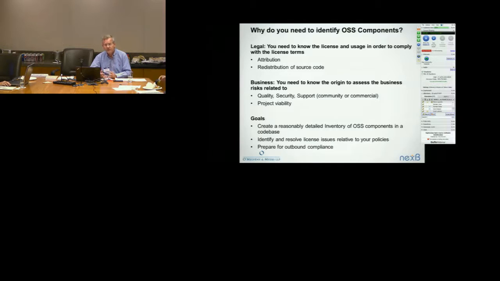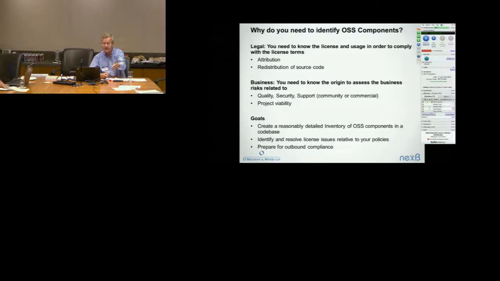There's also an interesting business angle, which is when you reuse third-party code, it may have bugs, security vulnerabilities, quality attributes that you want to match with the level of expectations you have. All these are good reasons to know where the software comes from and what the license is. And so the goal of that identification is creating some reasonable inventory, listing any third-party software origin and license.